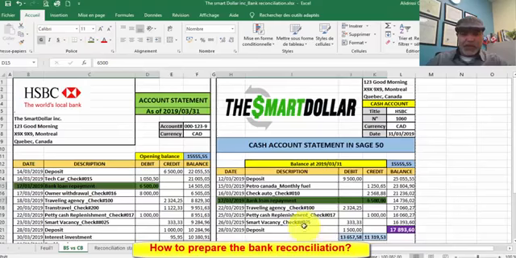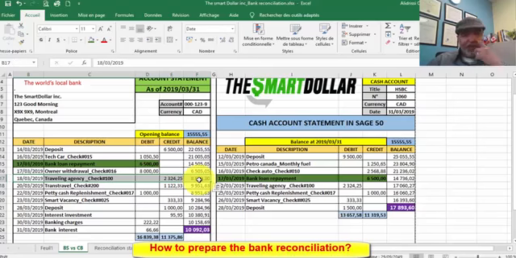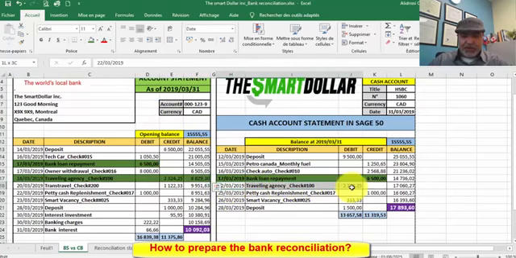Okay, the second one, this. We received a check from our customer traveling agency. This amount exists in bank statement and also recorded in our accounting system or in our cash book. Okay, good. What else? This petty cash replenishment by check number 17.